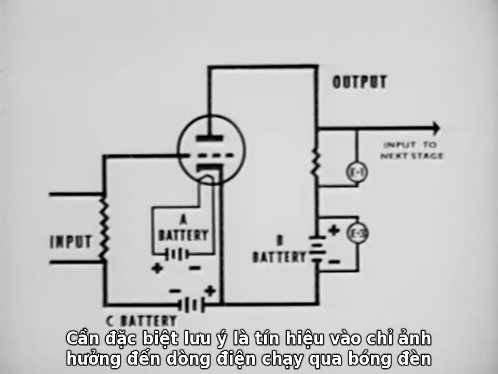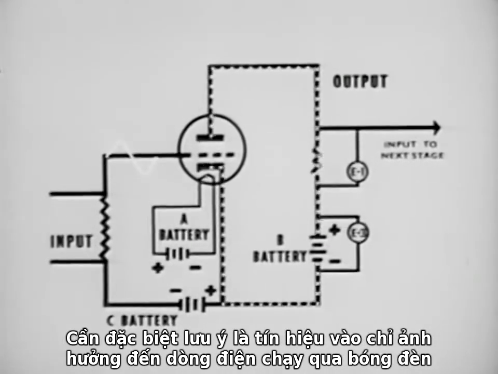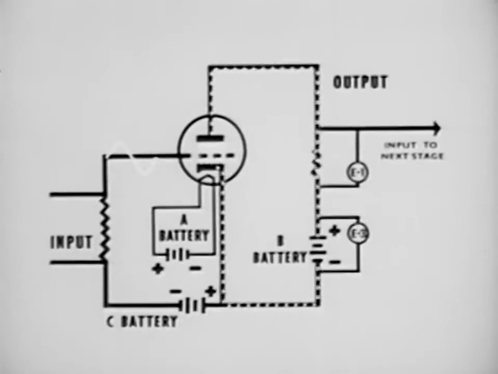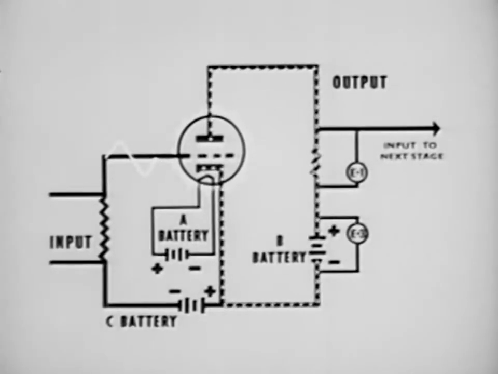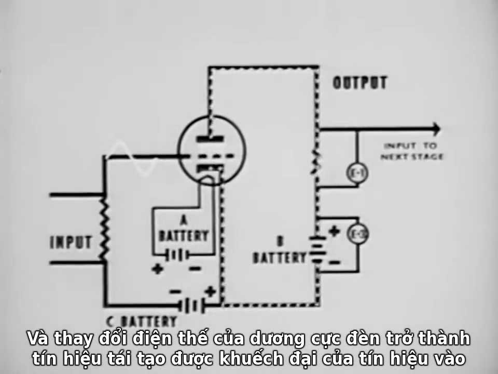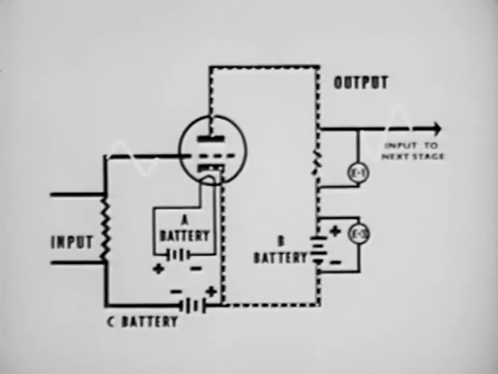It should be especially noted that the original signal influences only the current flow through the tube. And the plate voltage change becomes a new signal, which is an amplified reproduction of the input signal.